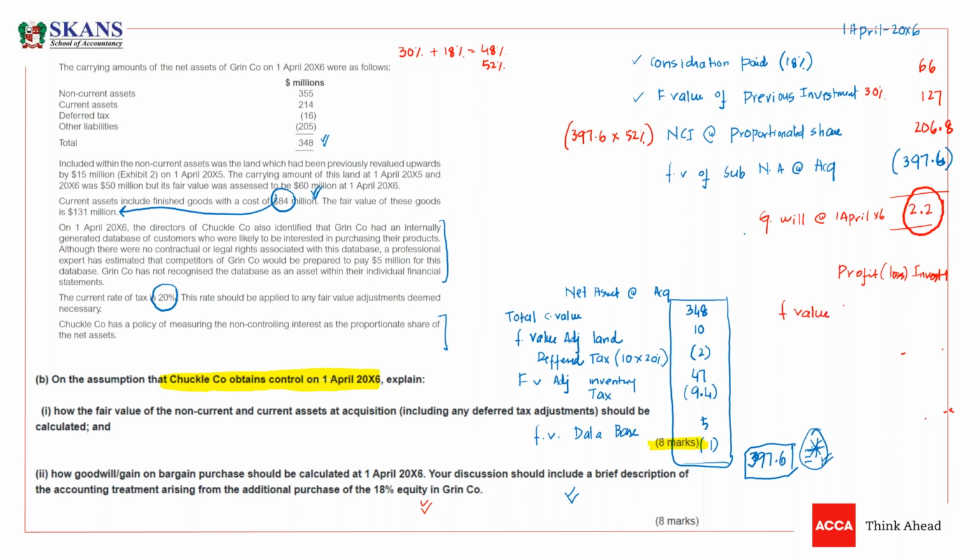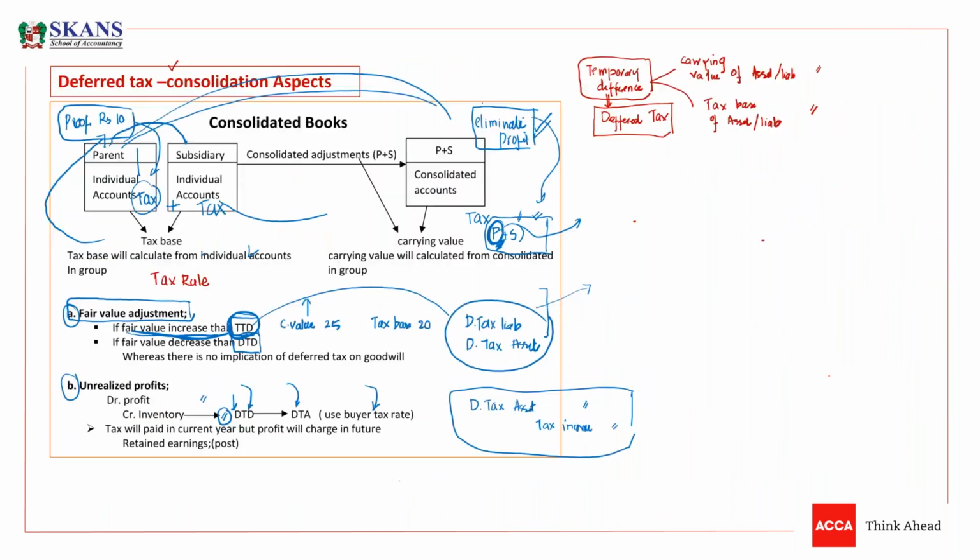So we have the fair value of the previous investment that we used in the goodwill calculation, which is 127. We have calculated the carrying value of investment in associate in the previous part. So we are assuming that we have sold the associate and reacquired it at fair value.